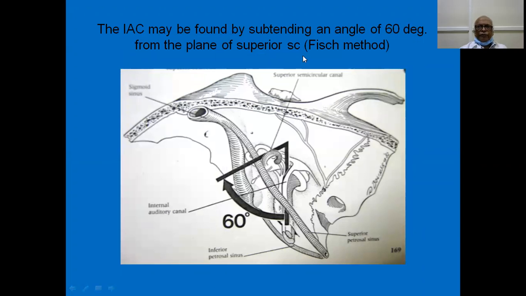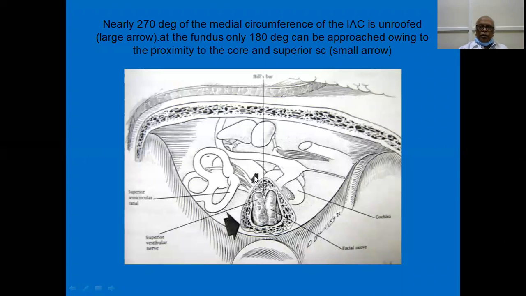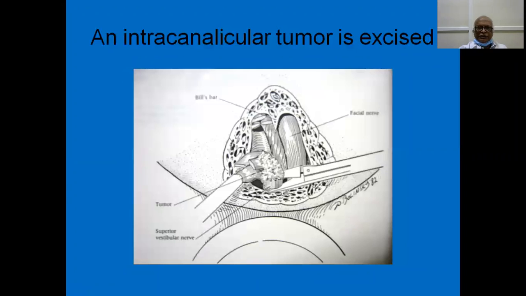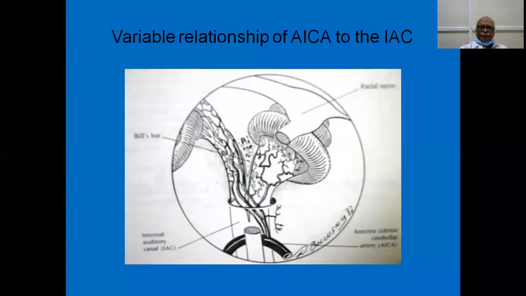And Professor Hugo Fisch has demonstrated that the internal auditory canal is at about 60 degrees angulation to the arcuate eminence. If you identify the tumor, especially with respect to the superior vestibular nerve, then we can excise it after cutting the superior or inferior or both vestibular nerves.